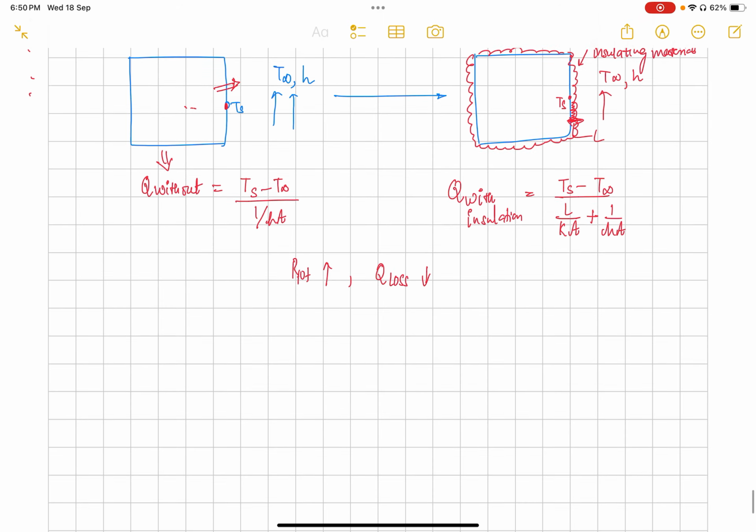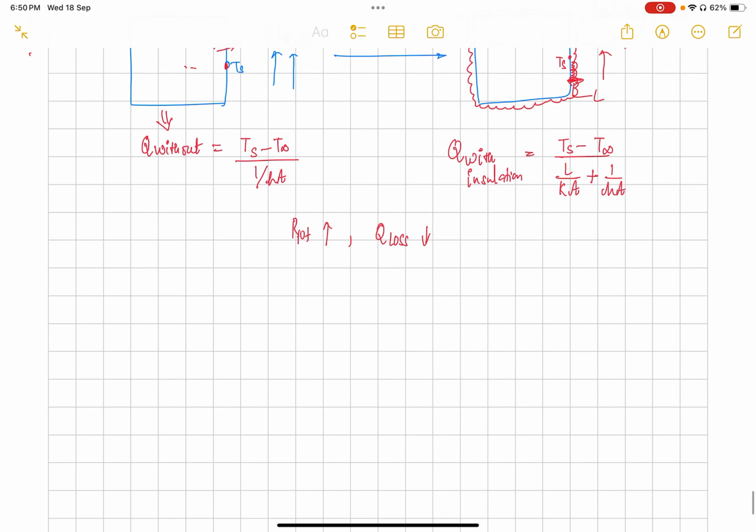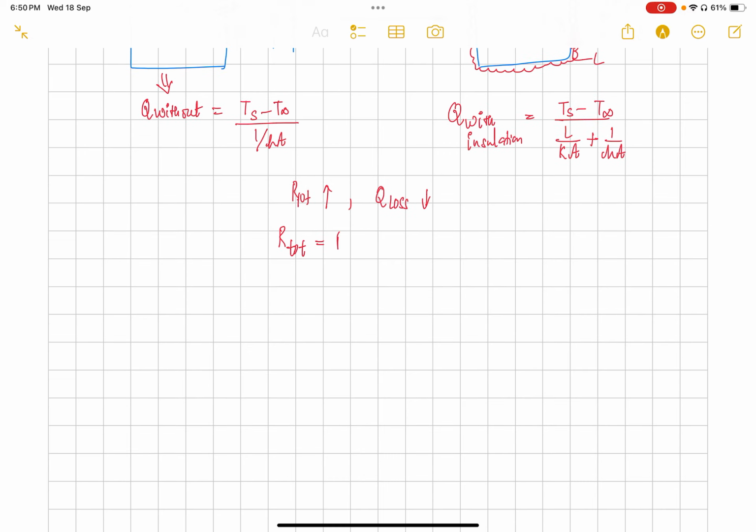And total resistance is the summation of conduction and convection resistance.